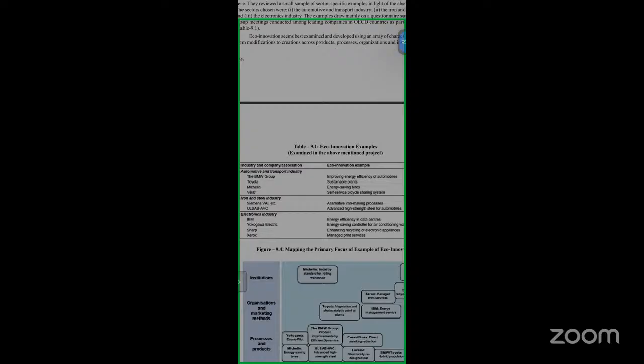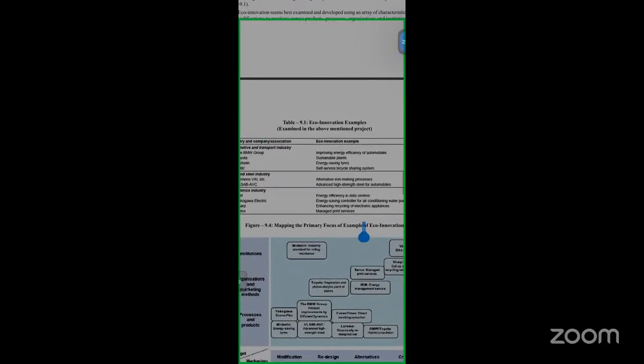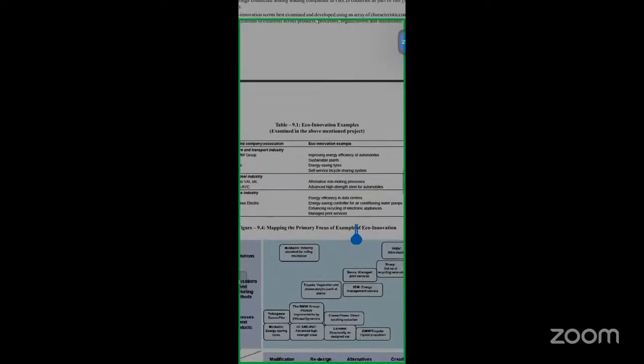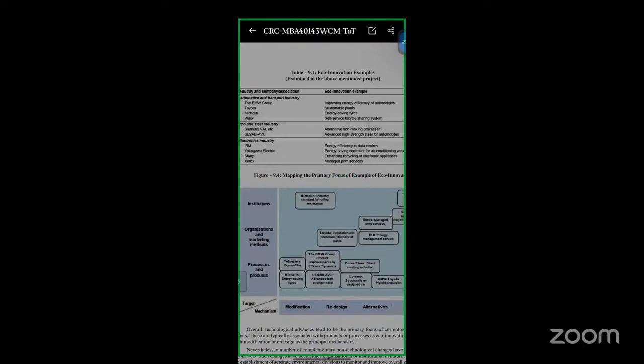And electronic industry, they have IBM, Yokogawa Electric, Sharp, and Xerox. And IBM is like energy efficiency in the data centers, and Yokogawa Electric is about energy saving controller for air conditioning, water pumps, and Sharp is for enhancing recycling of electric appliances, and Xerox is managed print services.